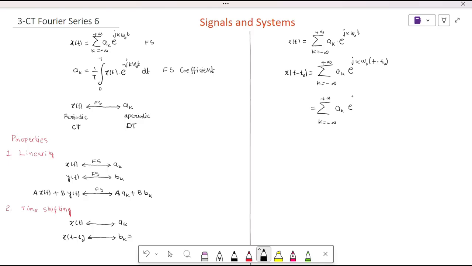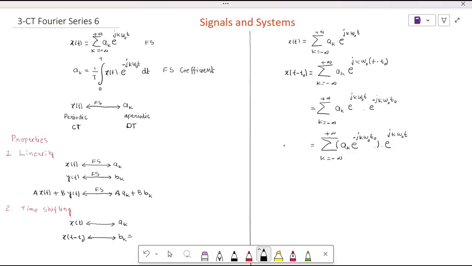Expanding, we get the sum over k from minus infinity to plus infinity of ak e power jk omega naught t into e power minus jk omega naught t naught. So the sum of ak into e power minus jk omega naught t naught, which is the Fourier coefficient, into e power jk omega naught t.